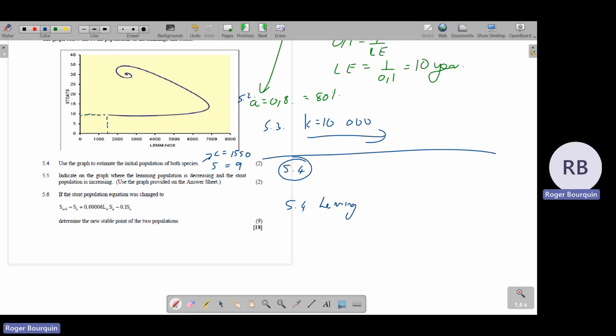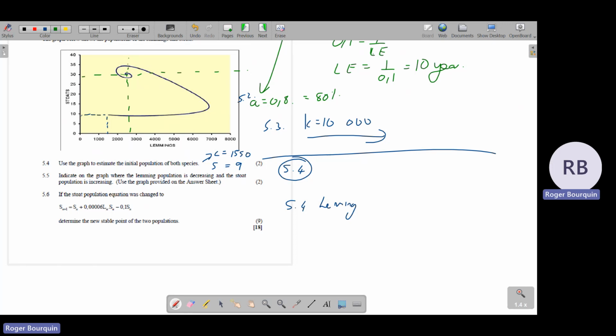Right, highlight on your graph where the lemming population is decreasing and the stoat population is increasing. If you want the quadrants to help you, I don't know if it'll help us in this case. The quadrants get divided around equilibrium, but it's not always accurate. Sometimes it is, this time it isn't.